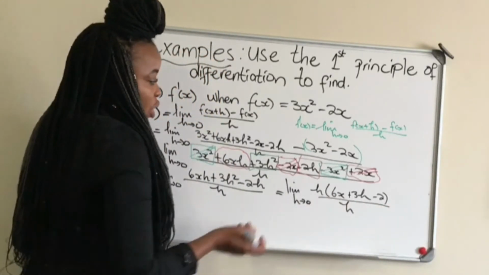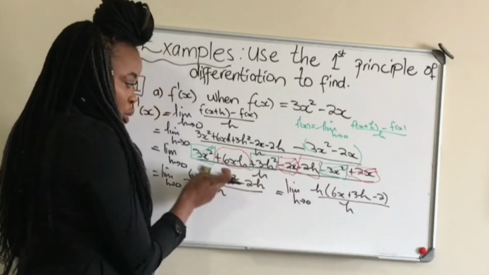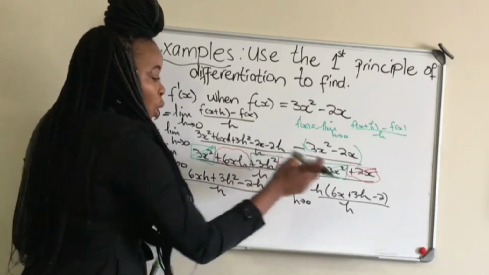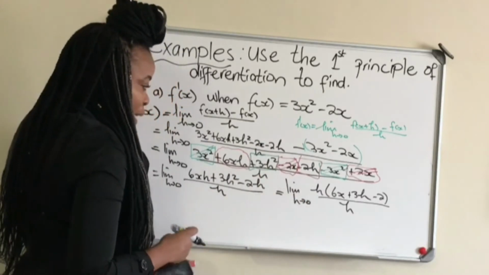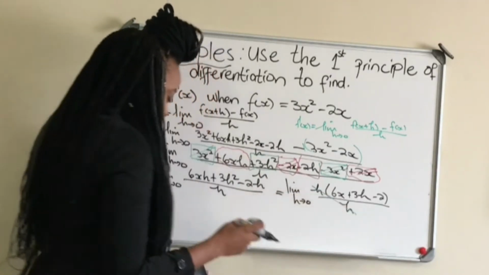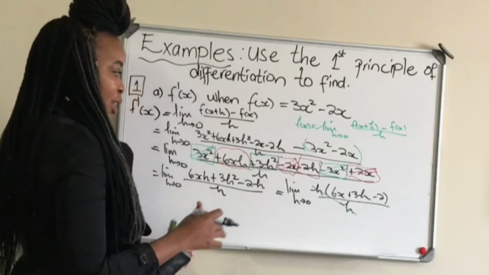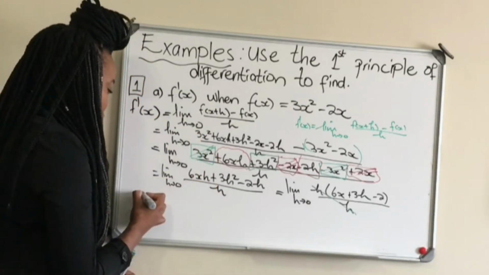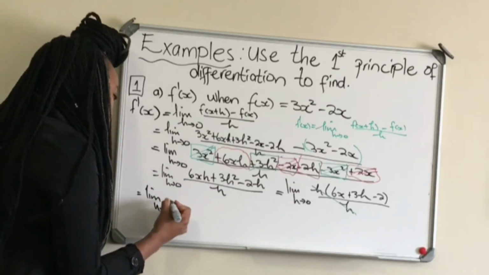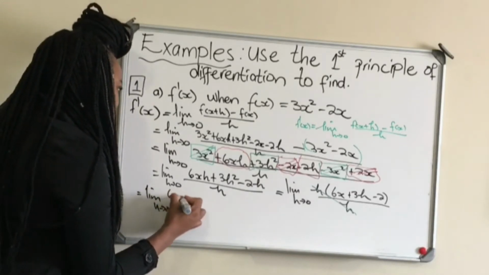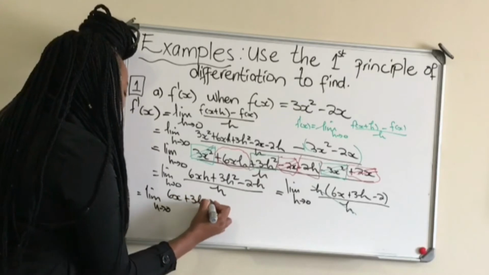Why did we factorize? We wanted to join these terms because they have something in common. When we join the terms, we factorize. That way we'll be able to eliminate this h, because it cancels that. So we're trying to simplify as much as possible. So what do we have left? We have the limit as h goes to 0 of 6x plus 3h minus 2.